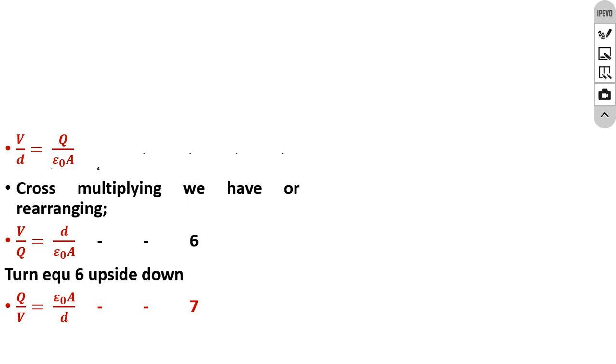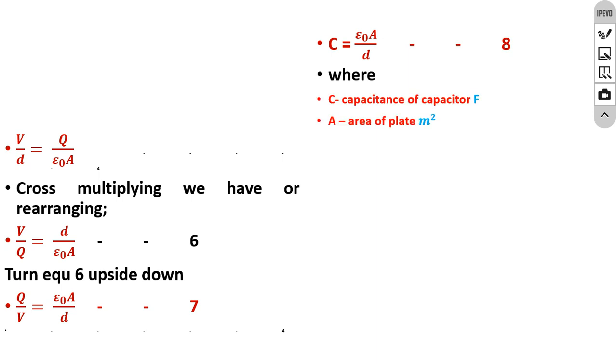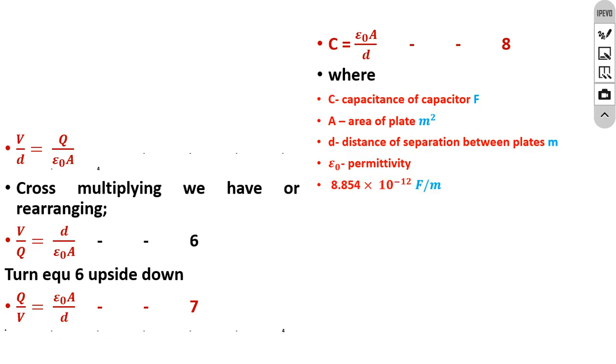In this equation 7, you can see a point Q over V, which represents capacitance of a capacitor. So we had to replace Q over V with alphabet C in equation 8. So this was the expression we used in solving all the problems we considered.